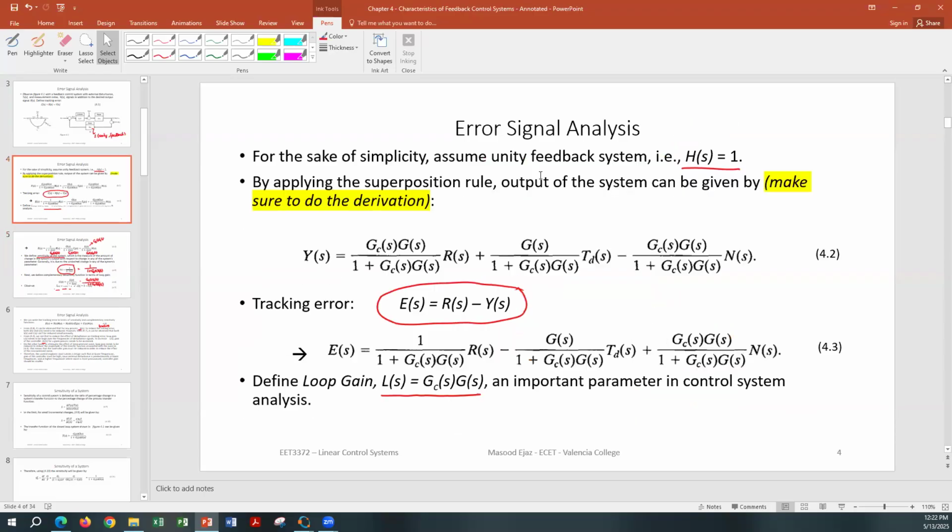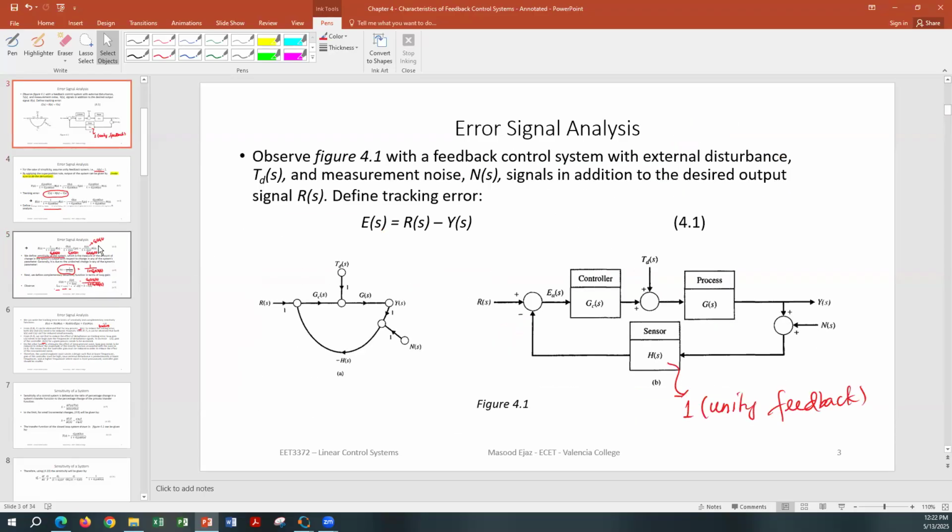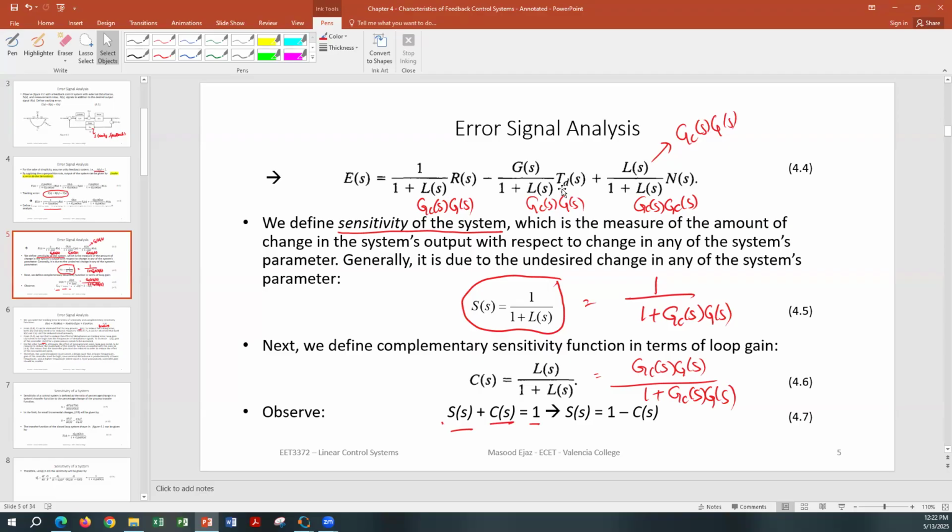So in one case, we have to increase the loop gain, and in the other case, we have to reduce the loop gain. Increase the loop gain to reduce the effect of the disturbance, and reduce the loop gain to cancel the effect of noise. Now, we cannot really do both, reduce and increase, at the same time.